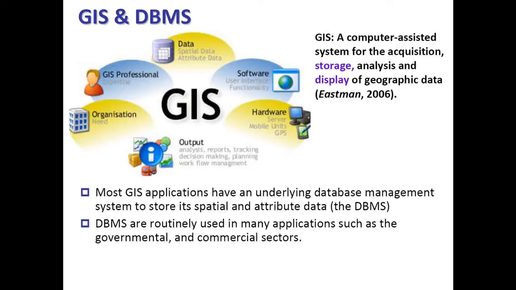So this DBMS underlies sort of the interface component of GIS that you're becoming more accustomed to working with. Database management systems are sometimes used independently, for other management and processing of huge databases.